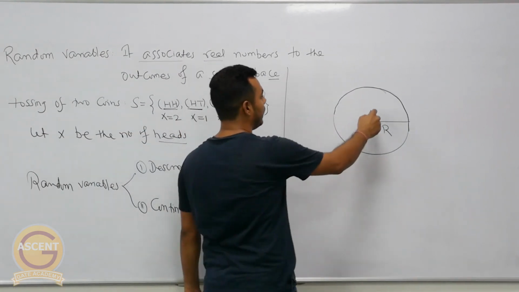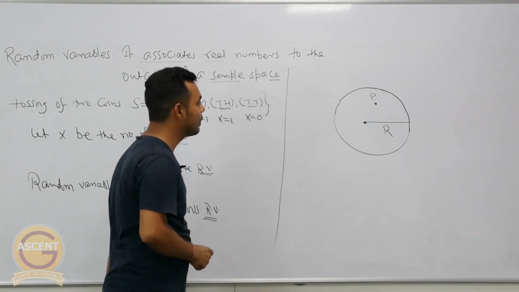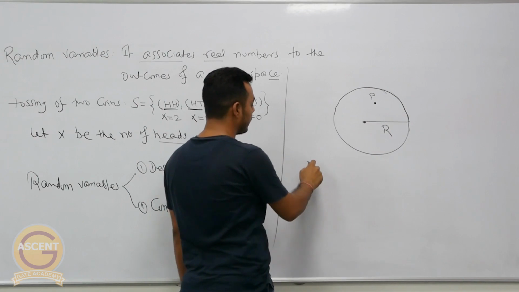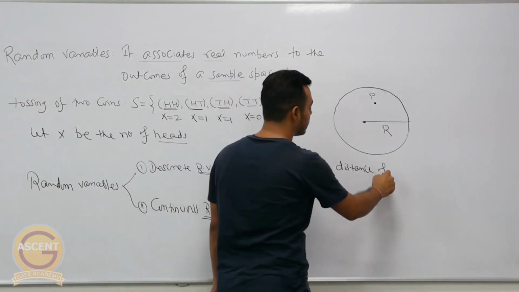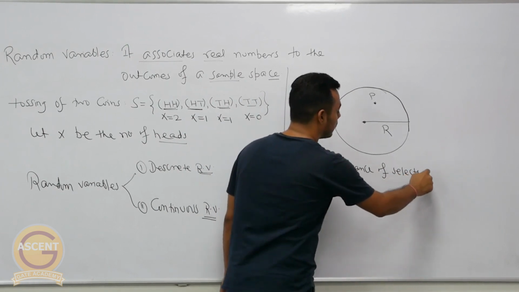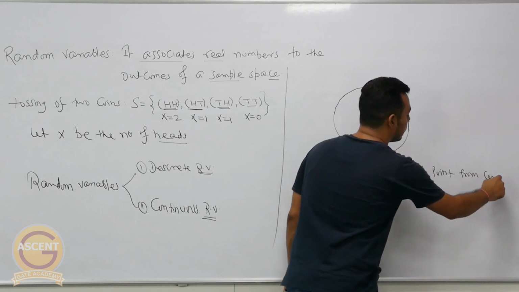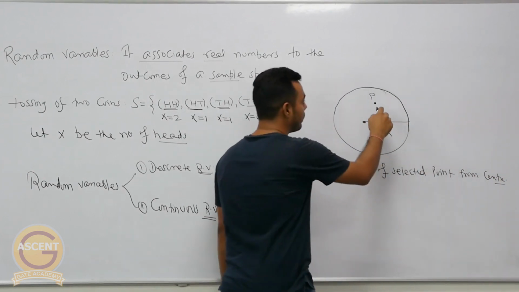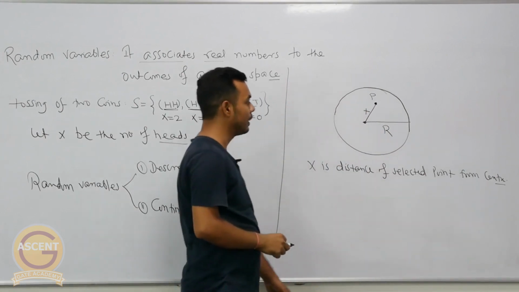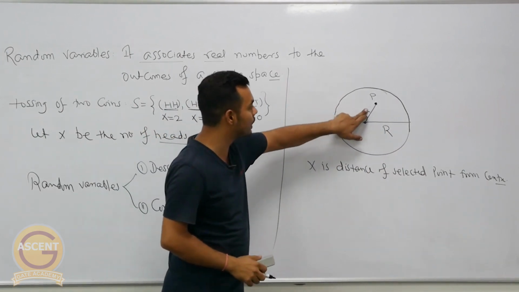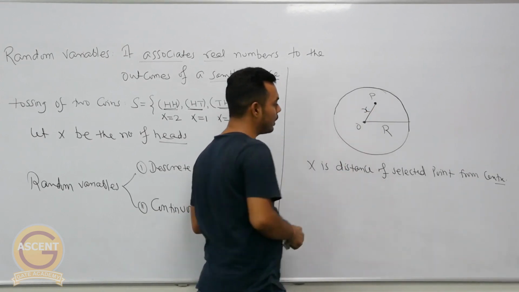Now x is the distance of the selected point from the center of the circle. If the selected point P is here, then this will be your distance x. The center is at the origin, so this distance is small x.